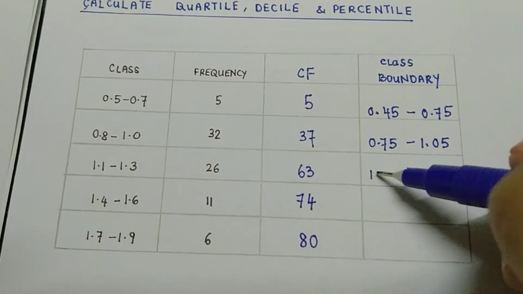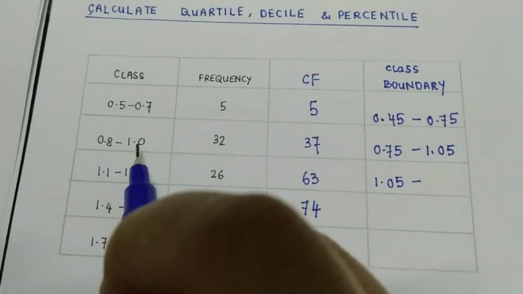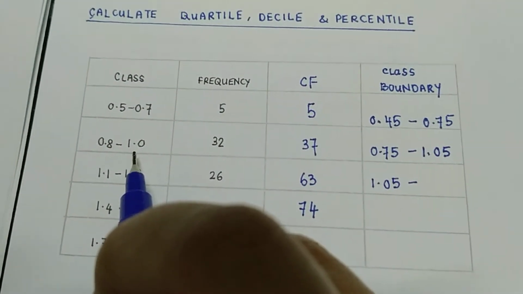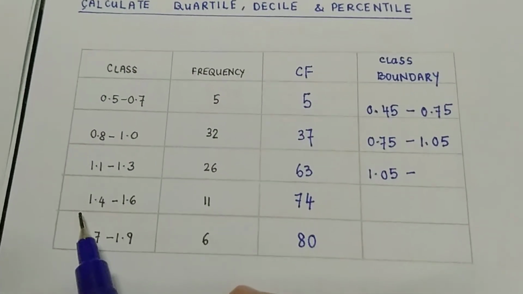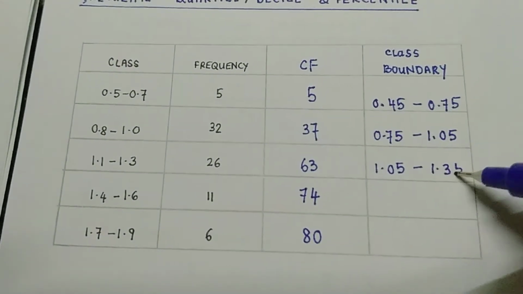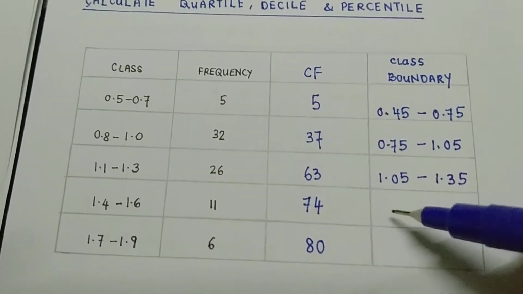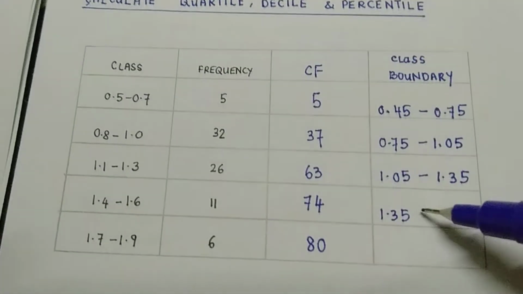Okay, for the third class, 1.05. 1.1 plus 1.0 divided by 2, 1.05. And then 1.3 plus 1.4 divided by 2, we get 1.35. Okay, and then we repeat the same process for the other class.